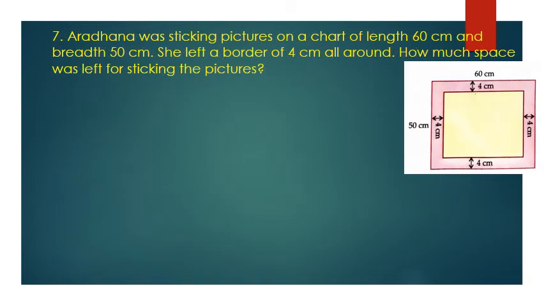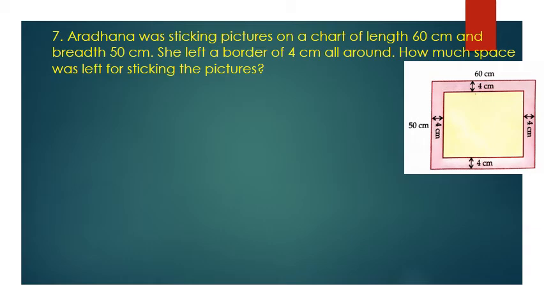Now let's come to question number 7 of this exercise. It says Aradhna was sticking pictures on a chart of length 60 centimeter and breadth 50 centimeter. She left a border of 4 centimeter all around. How much space was left for sticking the pictures?